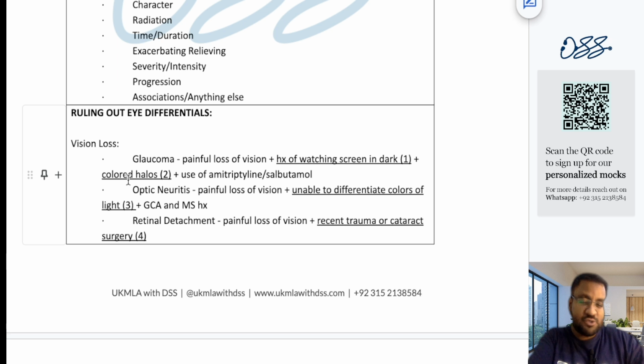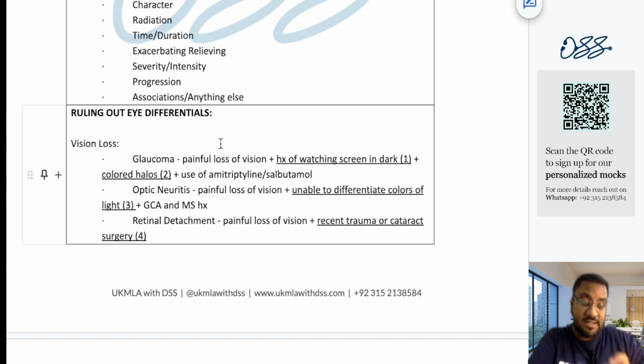My advice to you would be to make sure that you rule out the eye differentials on the basis of the history, because when it comes to the examination part, when you do the fundoscopic examination, the kind of picture that you would get on fundoscopy would make it very difficult to diagnose the case. The fundoscopic pictures are very similar in various different differentials.